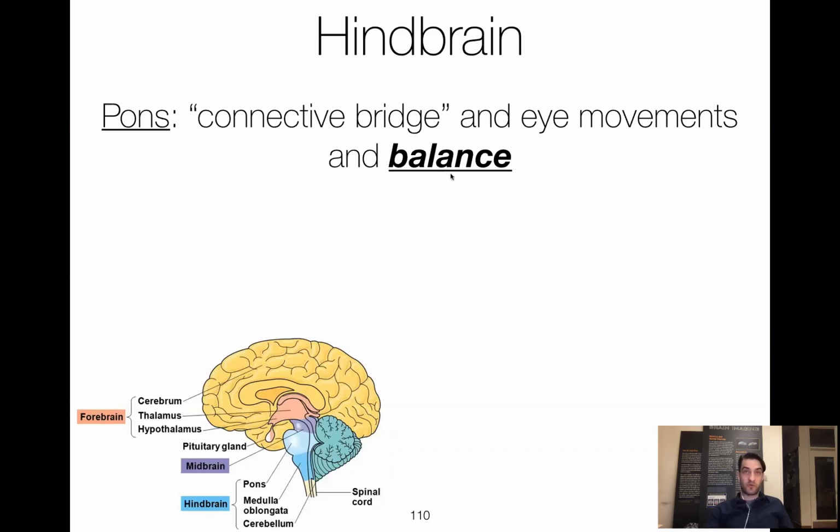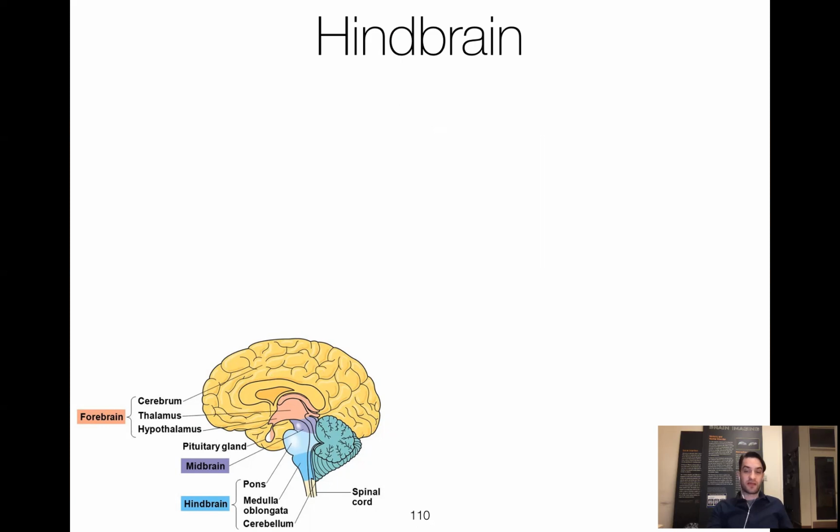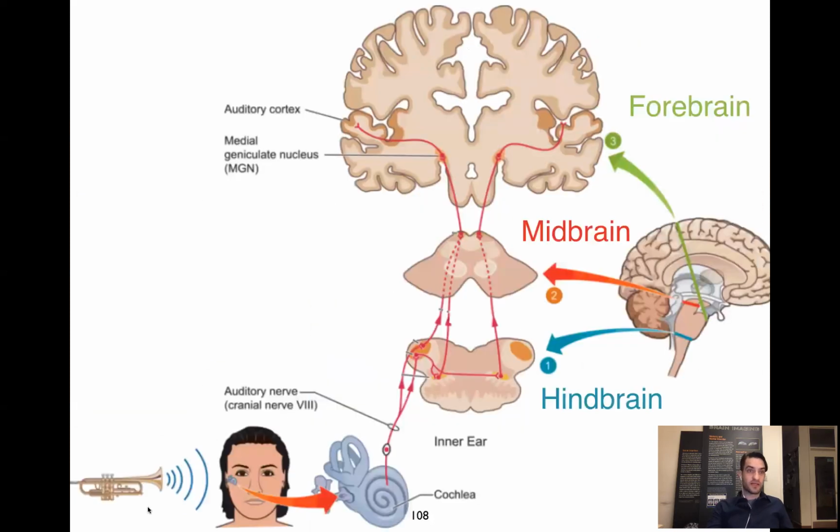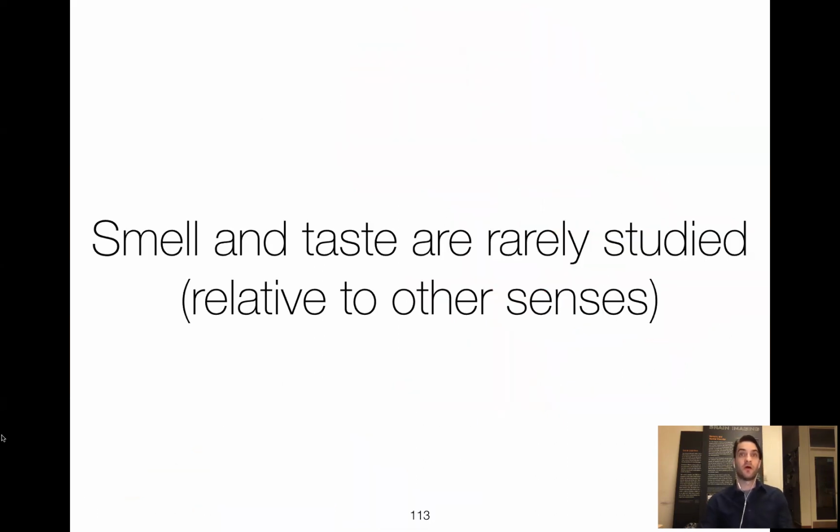That's because of this system that I'm telling you about: the information from your inner ear, not necessarily from your cochlea, goes to the hindbrain, and it's in the hindbrain that information regarding your balance is provided.